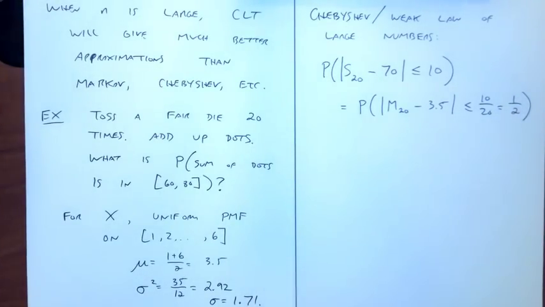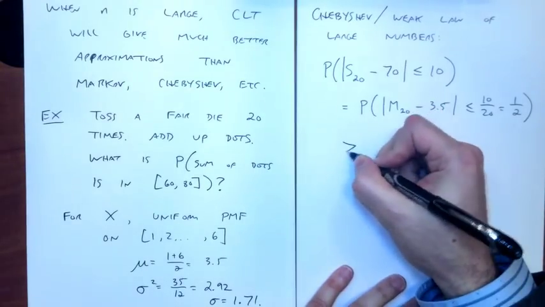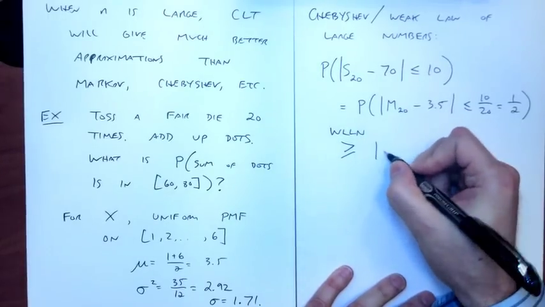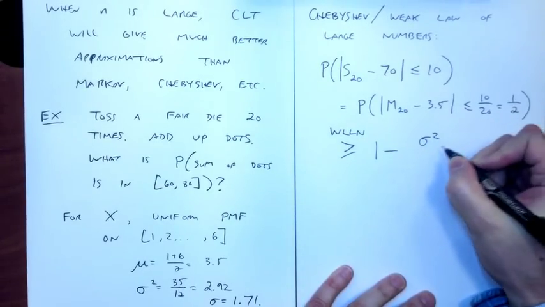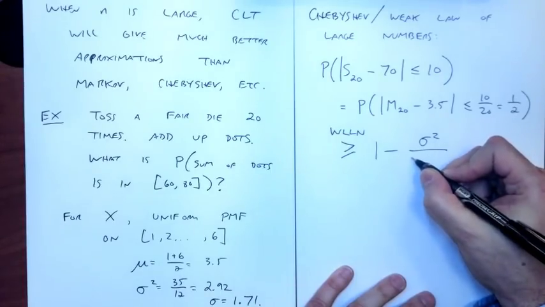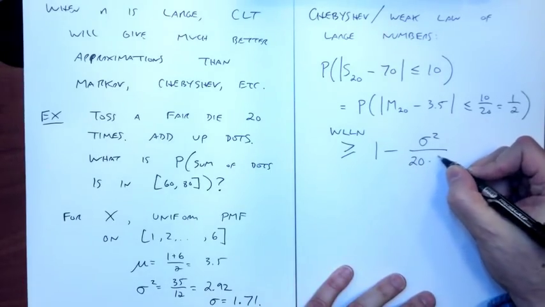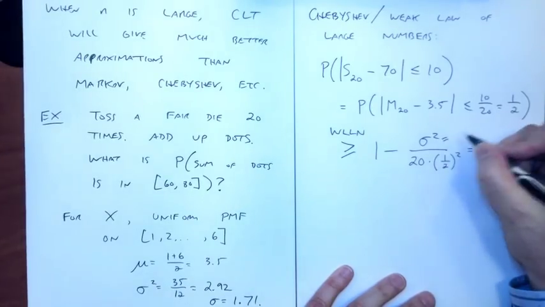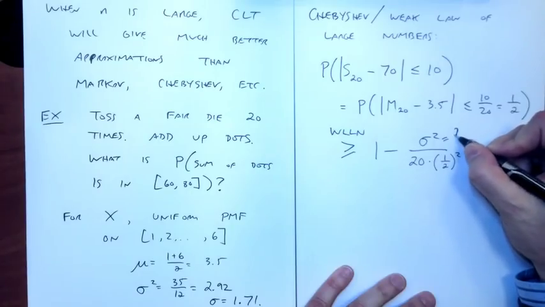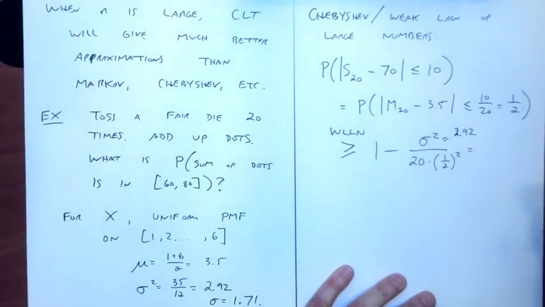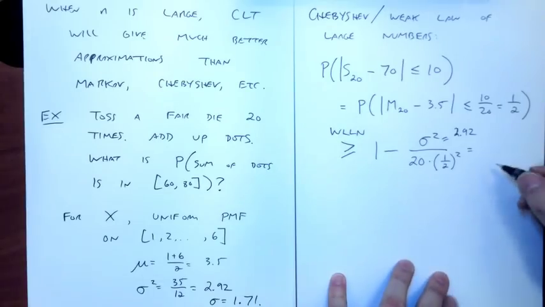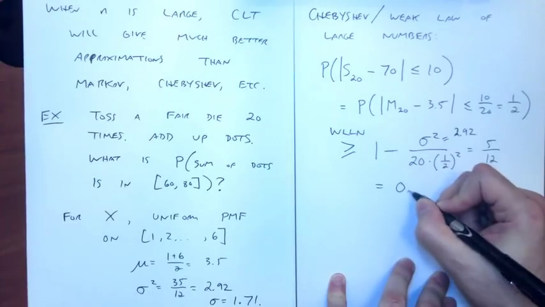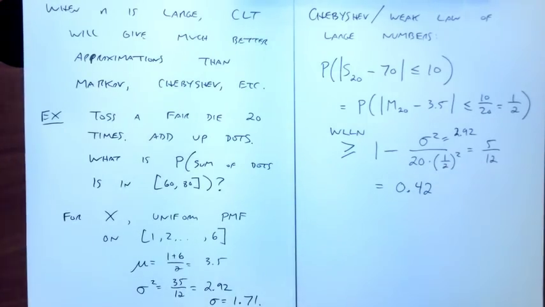So this is the kind of thing that we could say from Chebyshev, or the weak law of large numbers: it is at least 1 minus sigma squared over n, which is 20, times epsilon squared, where sigma squared is 2.92. If I plug in all these numbers, what I get, as it turns out, is 5/12, which is 0.42. Just trust me on the math, okay?